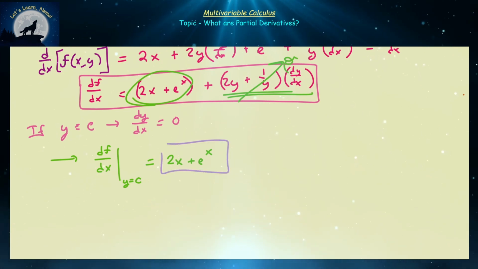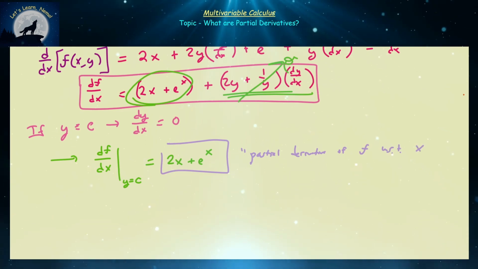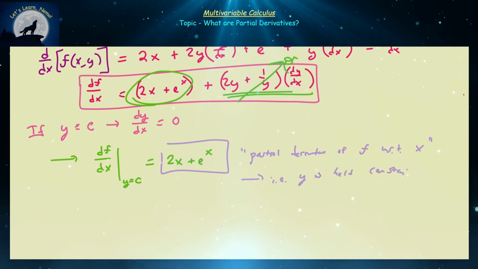This object is what we refer to as the partial derivative of f with respect to x, which is just another way of saying y is held constant. So we're technically only looking at how f is changing with respect to the x variable directly. Okay, so that's what we call the partial derivative.